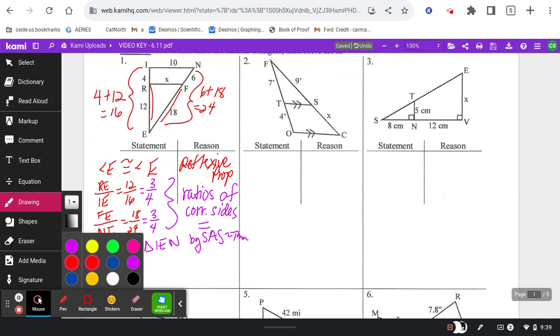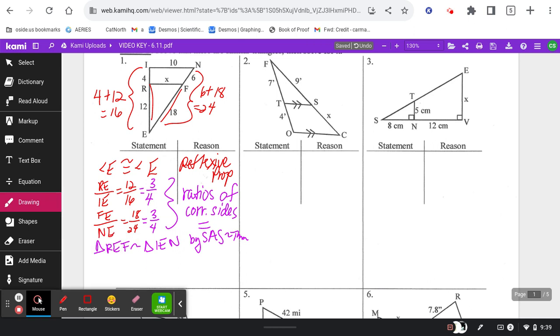Once we prove the triangle is similar, we can then go do the calculating and solving for x. So I'm trying to solve for this x right here, which is on the small triangle. So I'm going to go small is to big and then I can use either the left or the right. Small is to big. So if I want to use 12 and 16, I can, or if I want to use 18 and 24, I can.